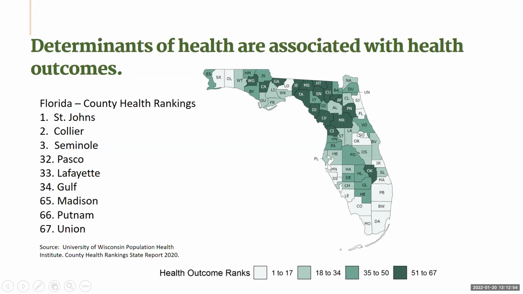We're going to look at a map a little bit later that shows the rural counties in Florida, but for sure Madison, Putnam, and Union are all rural counties. And so we'll see how geography impacts health outcomes, because as we can imagine, there is limited access to resources and many other determinants that go into influencing those health outcomes.